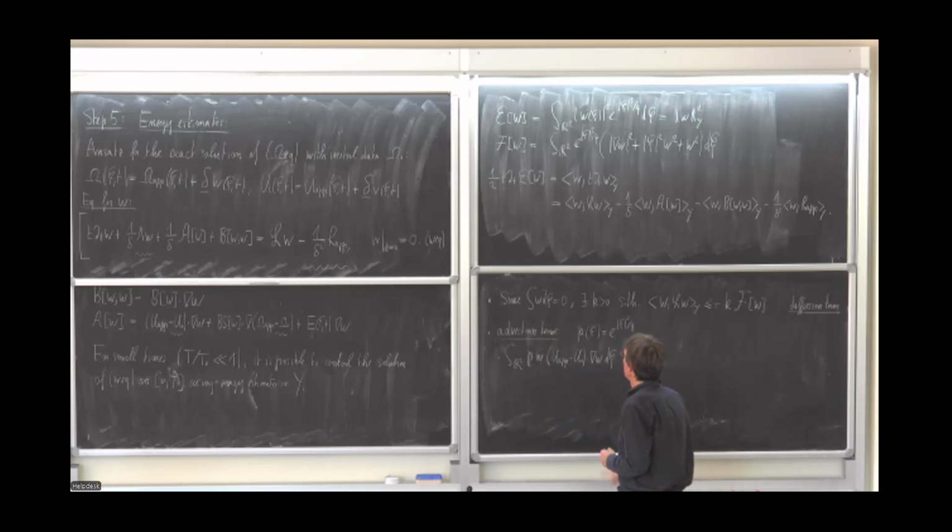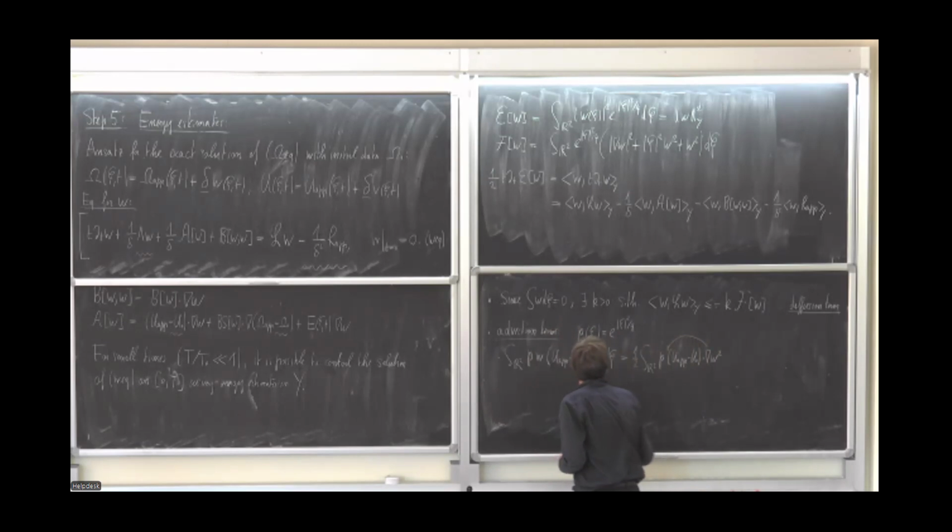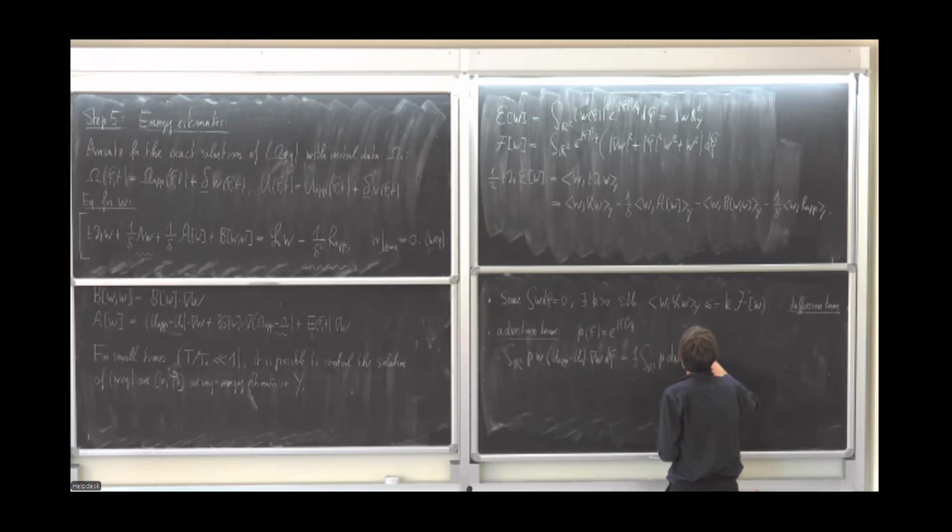How do you bound this? Okay, you can put the W here. So this is 1/2 integral over R2 of P, UR minus U0 dot gradient of W squared. I can also move the gradient to put this as a divergence because it's divergence free. So I can write this as divergence of UR minus U0 times W squared.